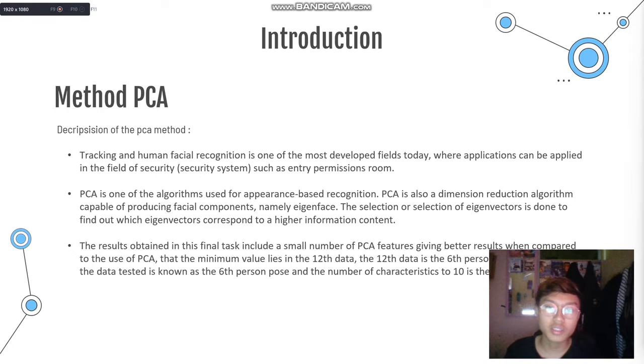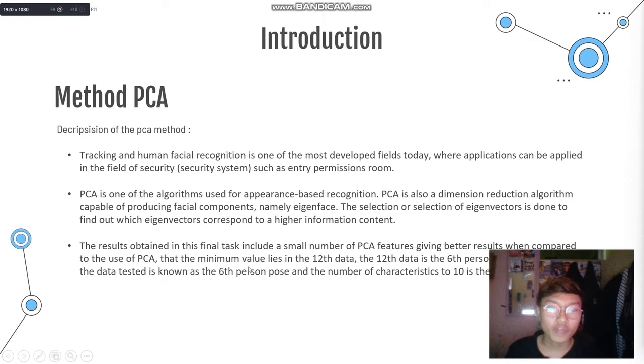PCA is also a dimension reduction algorithm capable of producing facial components, namely eigenfaces. The selection of eigenvectors is done to find out which eigenvectors correspond to higher information content. Three, the results obtained in this final task include a small number of PCA features, giving better results when compared to the use of PCA.